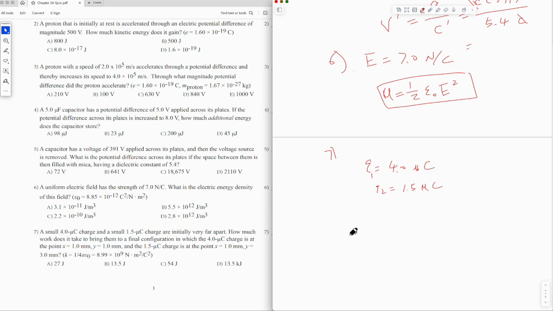On the x-axis, Q1 is at 1.0 millimeter, so bring it to the final configuration, where 4.0 is at x equals 1.0, y equals 1.0. So here is your Q1, and then 1.0, 3.0. So this is Q2.